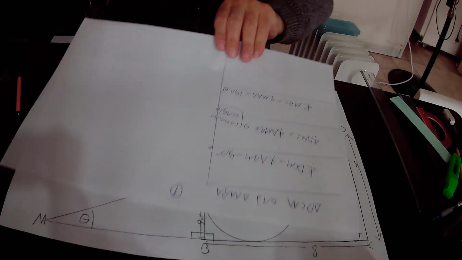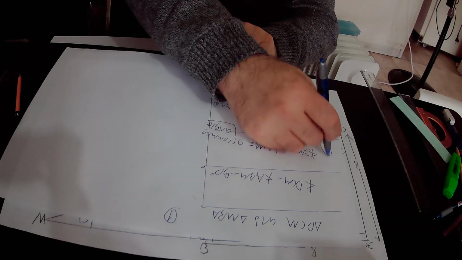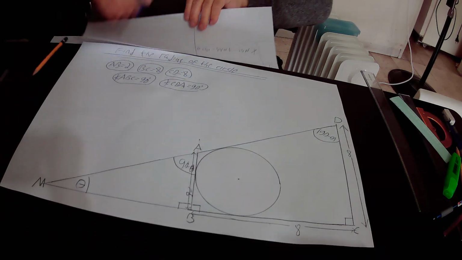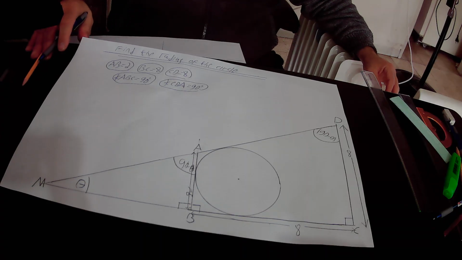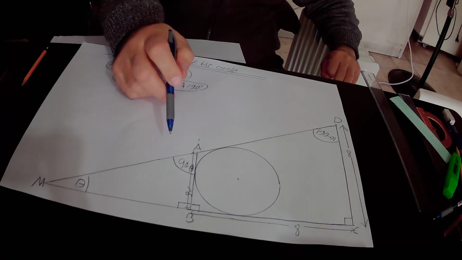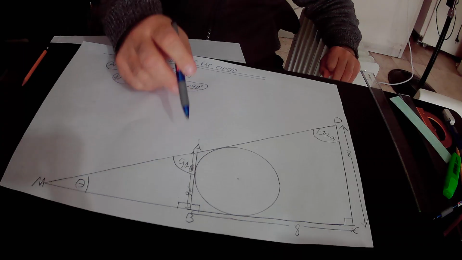So we actually proved that all the three angles of the right big triangle DCM are correspondingly equal to all the three angles of the right small triangle MBA.